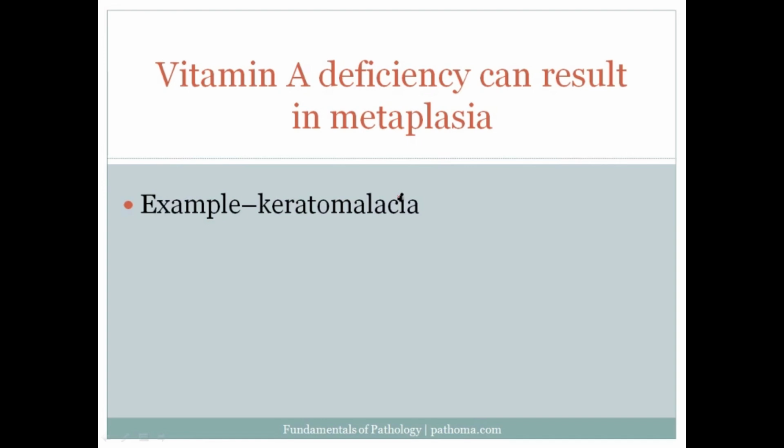If you want to dig a little deeper, you can remind yourselves from pharmacology that one of the treatments for PML, or promyelocytic leukemia, is ATRA. ATRA is also known as all-trans-retinoic acid, and it's a derivative of vitamin A. This derivative of vitamin A has the ability to bind the mutated receptor, which then allows the cells to actually mature and become neutrophils.